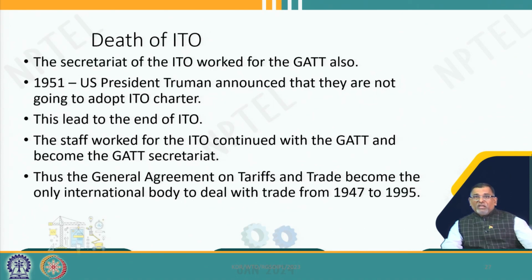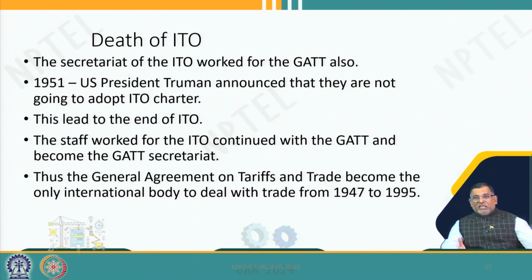So, in one way the death of ITO was an advantage to the GATT agreement, which reduced a number of tariffs, and this mere arrangement of GATT existed from 1947 to 1995, up to the end of the Uruguay round of negotiations.